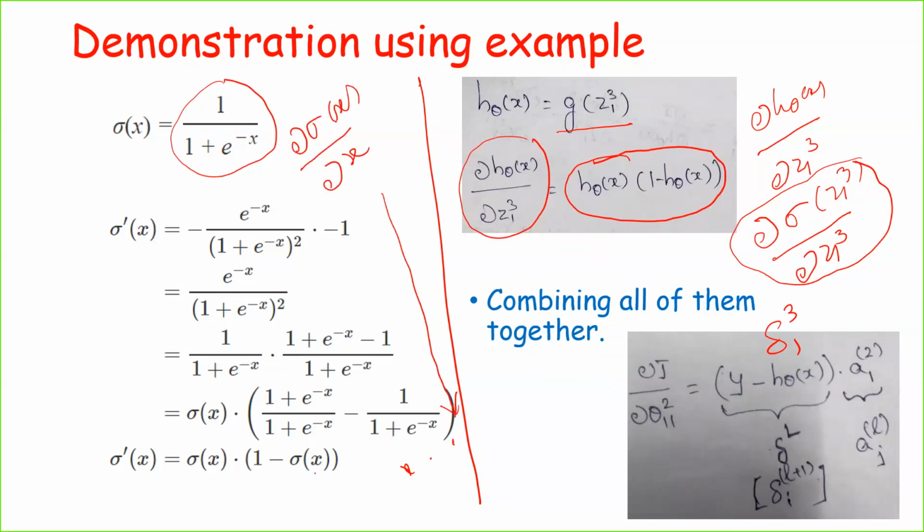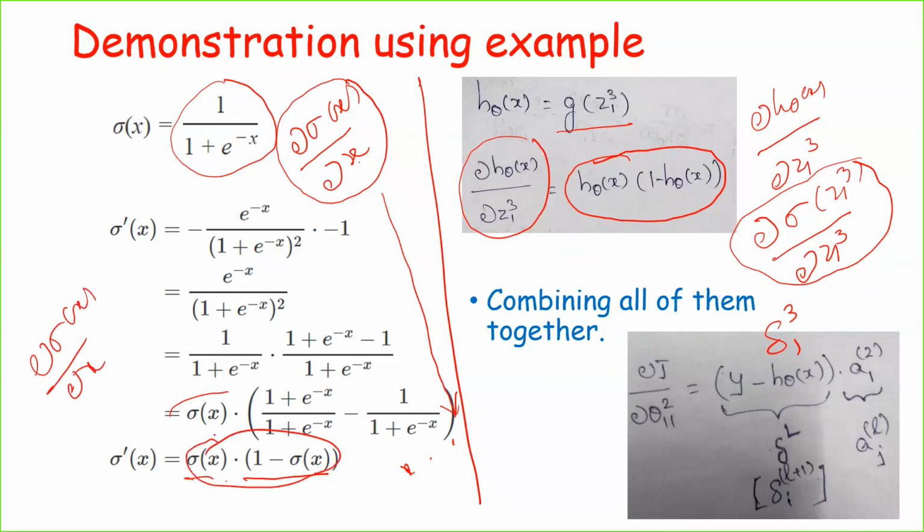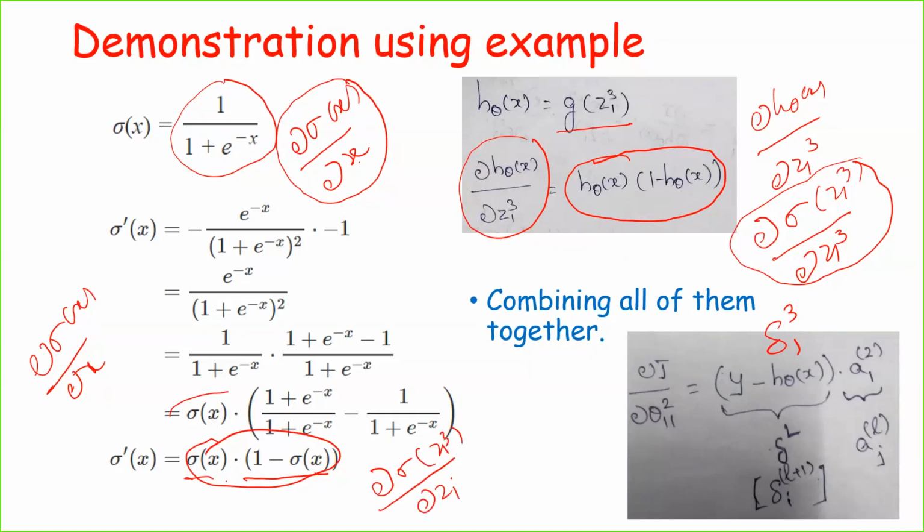But when you compute the derivative of sigmoid of x with respect to x, what we got here is sigmoid of x times 1 minus sigmoid of x. So we are making use of this. And now suppose you want to know the derivative of sigmoid of z13 with respect to z13, can I use this formula?